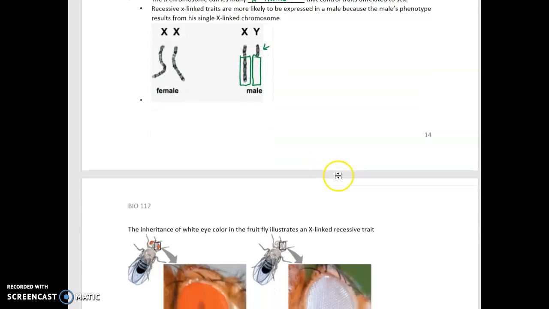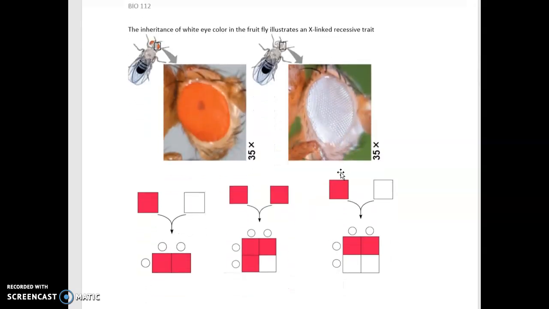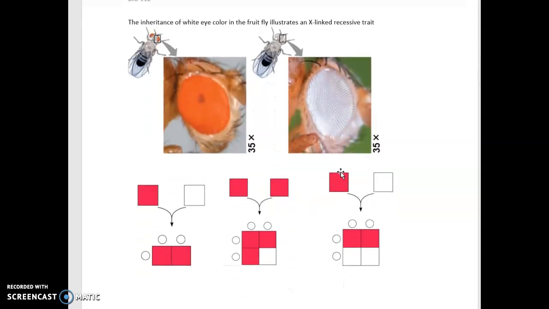So let's look at the inheritance of white eye color in fruit flies to illustrate this concept. So fruit flies can have red eyes or white eyes. White eyes is an X-linked recessive trait. So we're going to look at 3 generations of crosses.